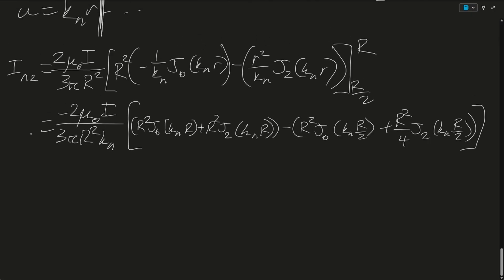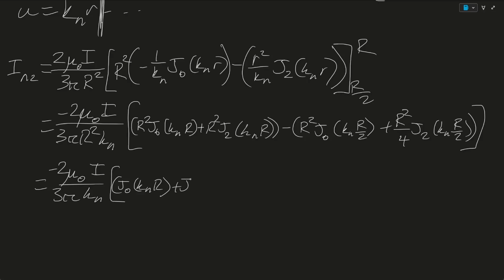I can simplify that a bit more. Minus 2 mu naught I over j2, okay. Put the bracket there. Minus j naught kn r over 2 plus a quarter j2.